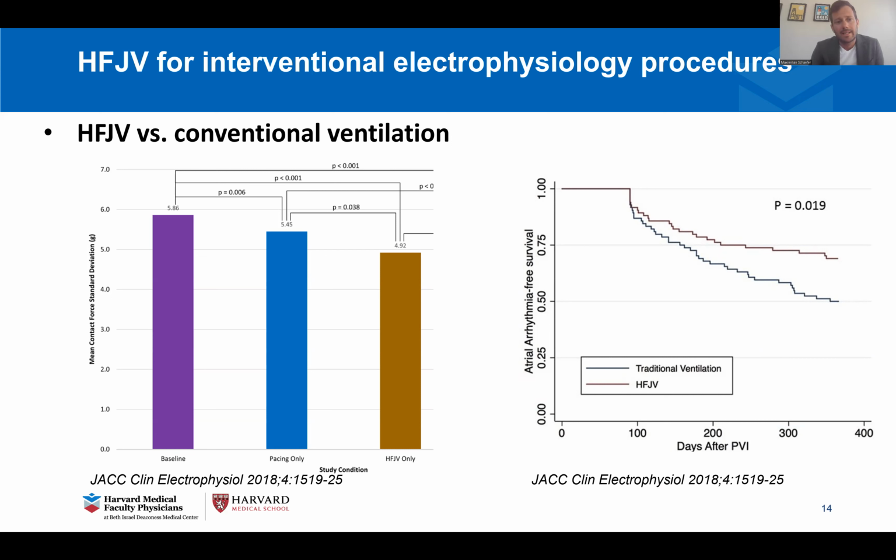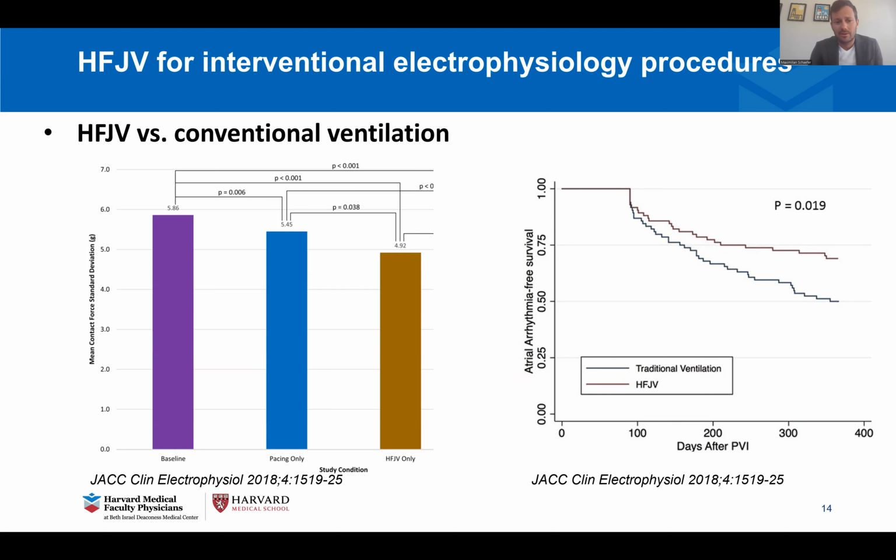And they compared high-frequency jet ventilation versus conventional ventilation. And on the left side, you see the mean contact force. So the higher the force they need to facilitate contact with the myocardium, the more pressure they have to put on there.